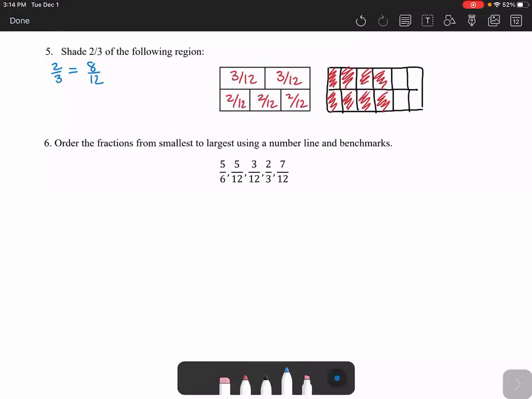An equivalent way to do that, using the 3/12 and the 2/12, figuring out a way to combine them, is we can take this 3/12 here, 3/12 here, so that's 6/12, and then combine it with the 2/12 down here. So that's also 8/12, so that's 2/3. So this is one way to do it, is to just make it all in 12ths.